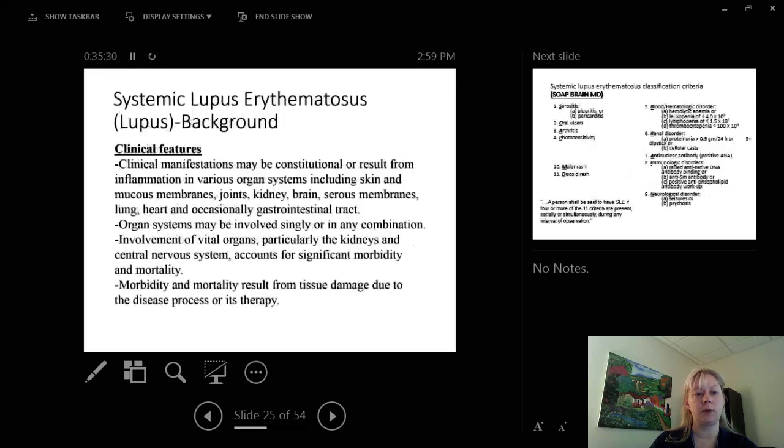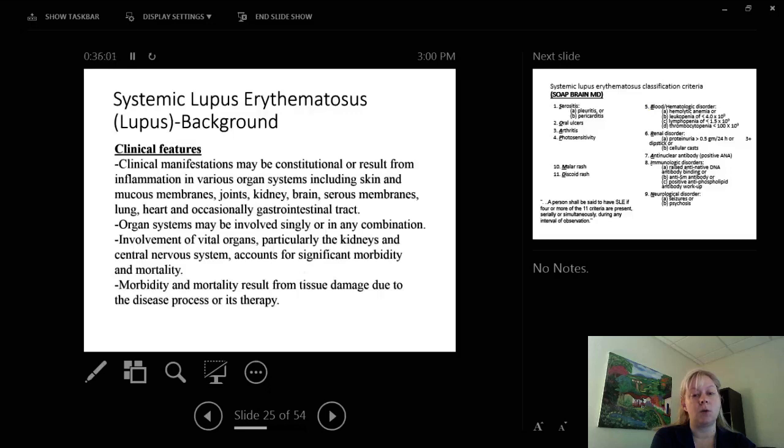So that's lupus. The problem with lupus is that it can be mild. Someone can go their whole life with mild lupus. But it can be very devastating, because it can attack with inflammation of your kidney, brain, heart, and GI tract. If you have inflammation of, say, your kidney, you can have kidney failure, which is more common with lupus.